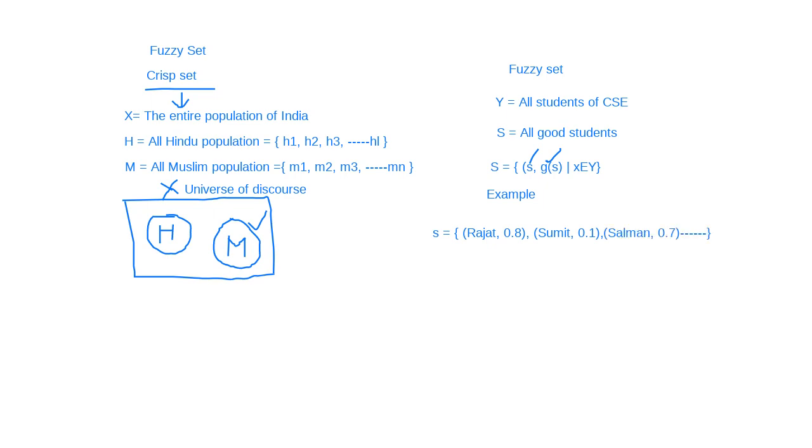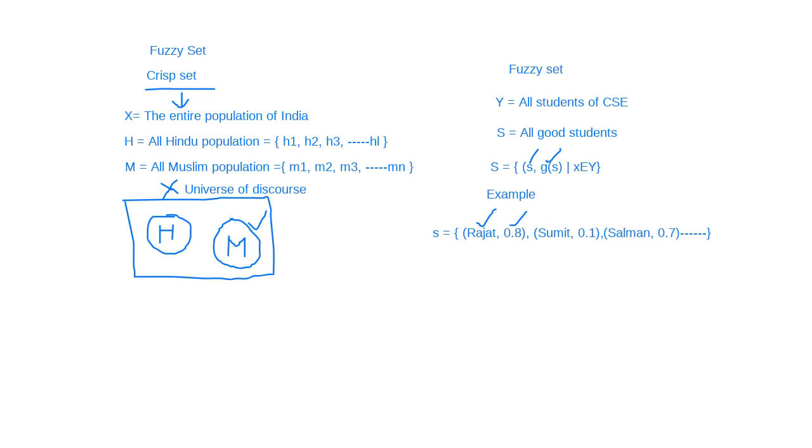So here you are defining the fuzzy set with the student itself and his degree of goodness.